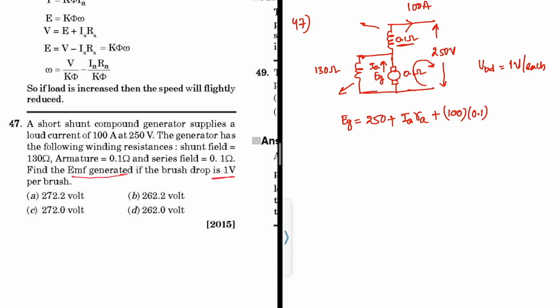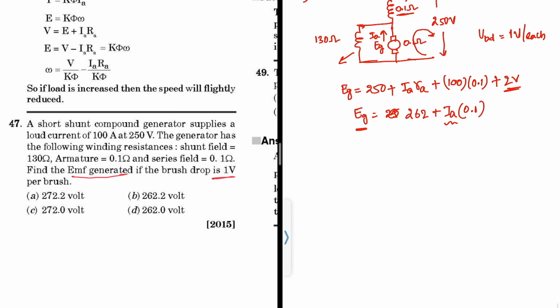This is the drop, 100 into 0.1, plus 2 volt, which is the brush drop. So Eg equals 250 plus 10 plus 2, that is 262, plus Ia into Ra, which is 0.1. If you know the Ia value, you can calculate Eg.